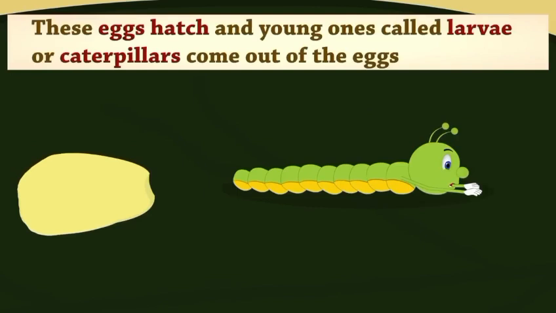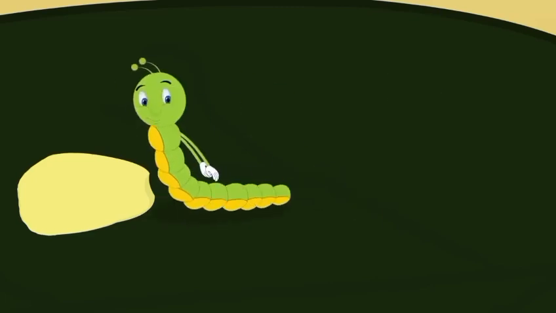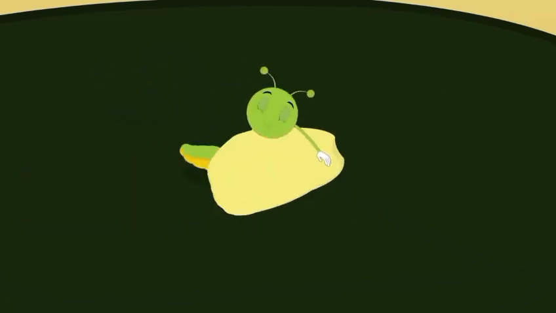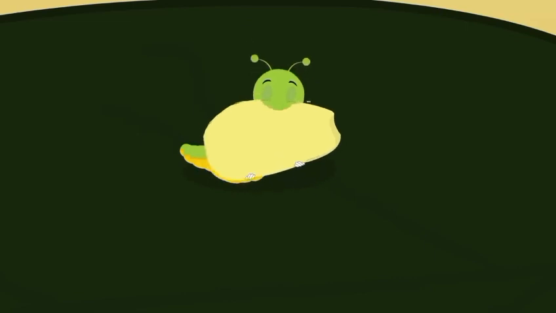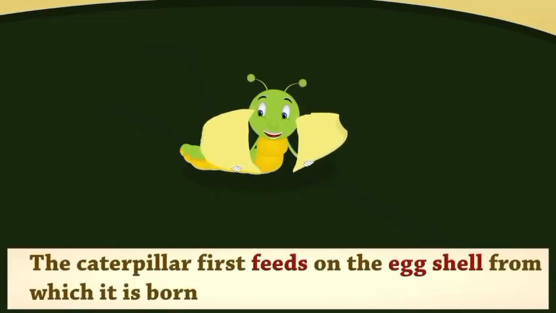These eggs hatch, and young ones called larvae, or caterpillars, come out of the eggs. The caterpillar first feeds on the eggshell from which it is born.